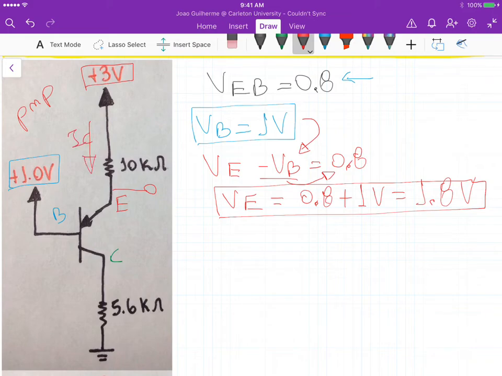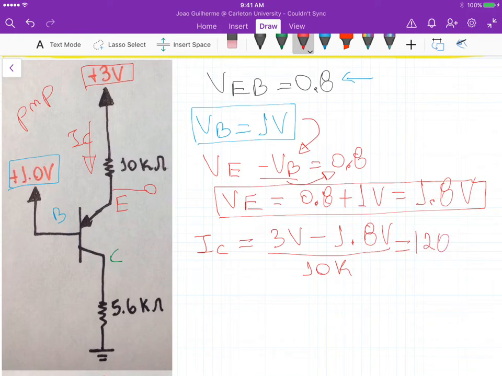So IE is going to be those 3 volts minus the voltage at the emitter, which is 1.8, divided by the 10k. So IE is 120 microamps.